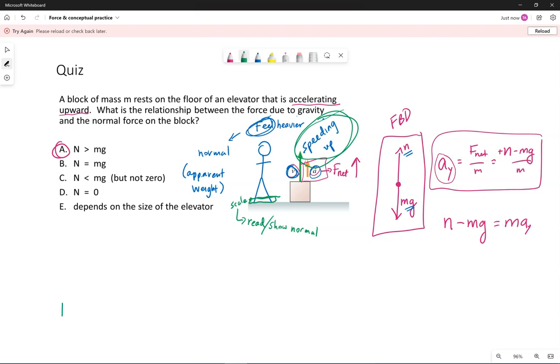So if we were still in the elevator moving up, but slowing to stop, the acceleration would have to point down, which means the net force has to point down, which means mg, your actual force of gravity, has to be bigger than the normal force in that case. If you were still standing on the scale, the reading on the scale in that short period of time would be smaller than your actual weight.